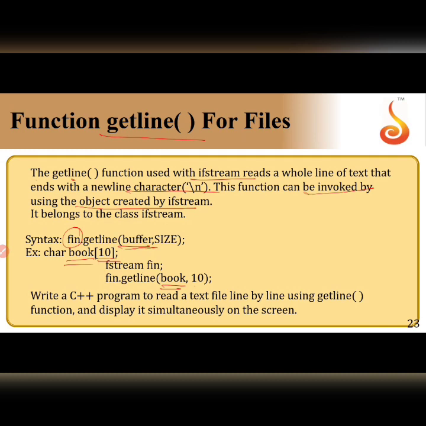But with getline, it will read the entire name along with the spaces. So when you feel that the input may contain spaces, it is always better to take the value using getline rather than cin. So this is the example.